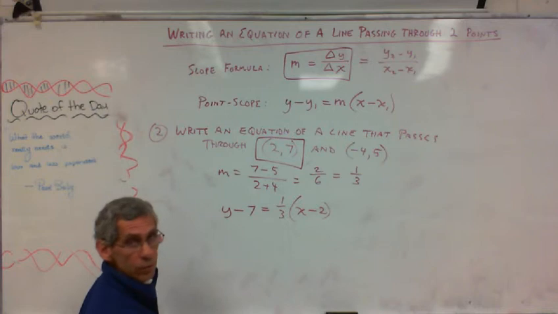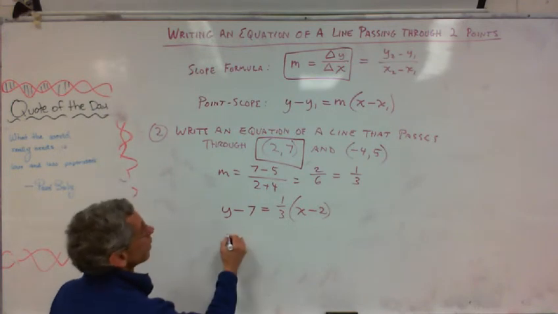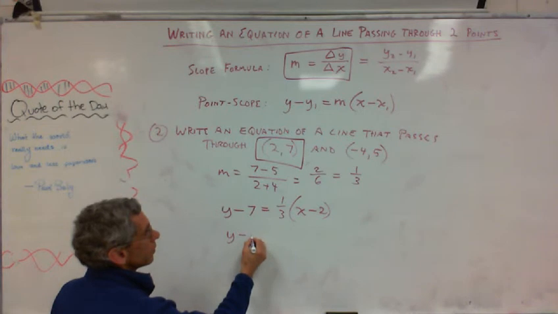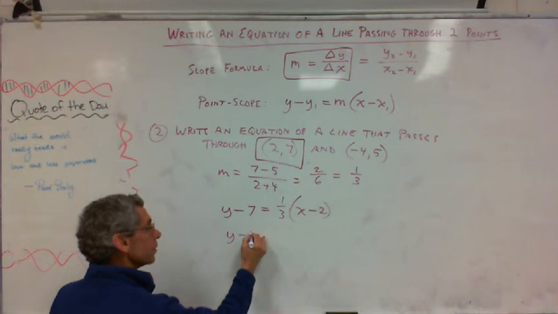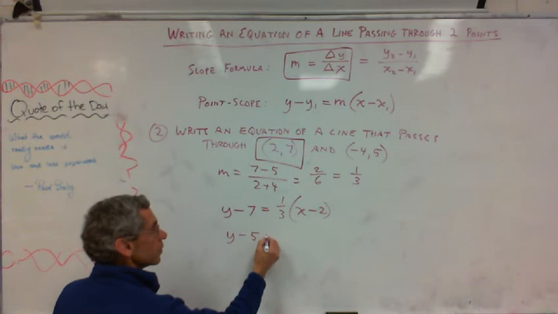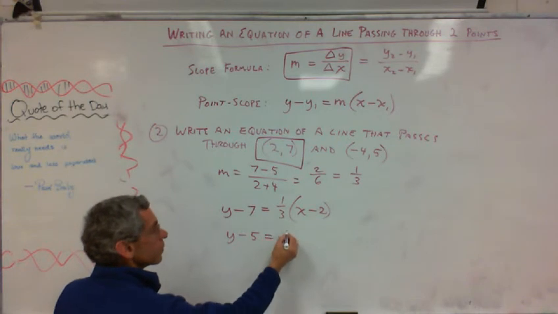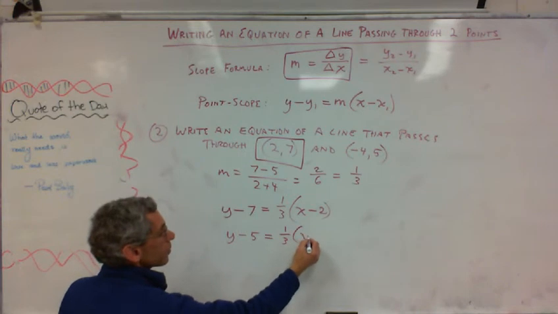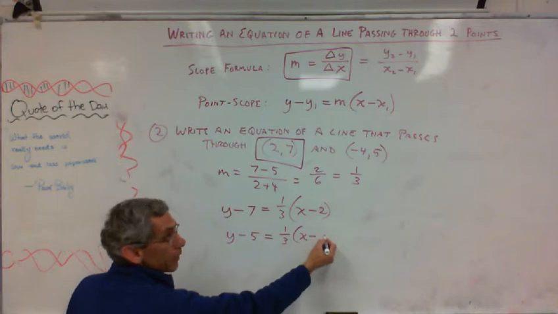Okay. Who wants to do the other equation? Adam. Okay, so it's going to be y minus 5 equals 1/3, and then x minus minus 4, plus 4.